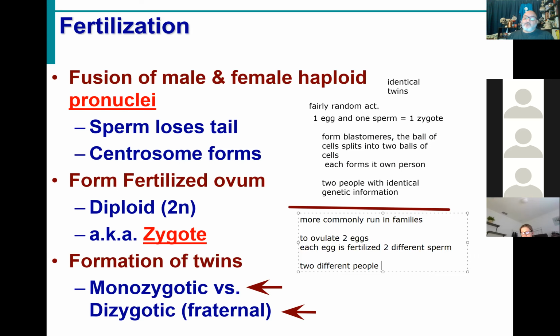In fact, there have been multiple recorded cases of individuals who have actually given birth to half fraternal twins, where both eggs were released by mom, but each egg was fertilized by a different sperm donor.